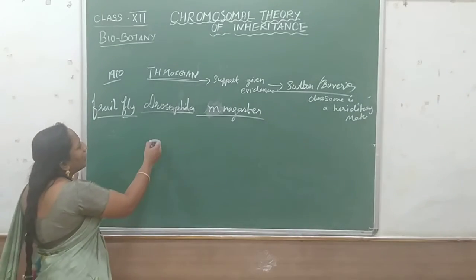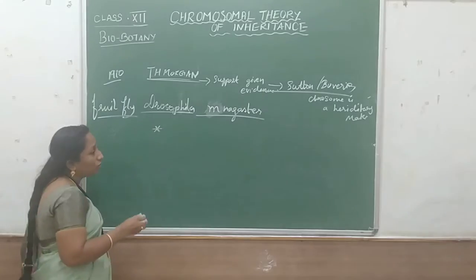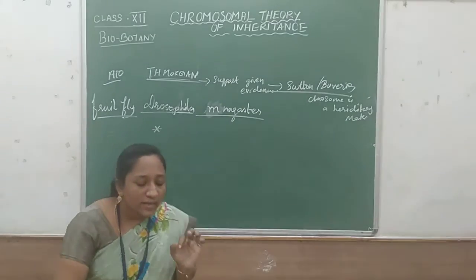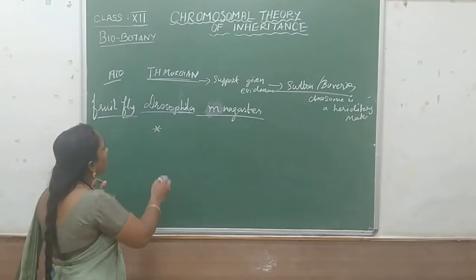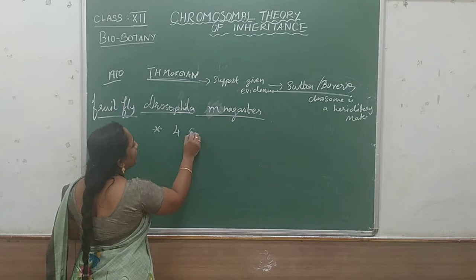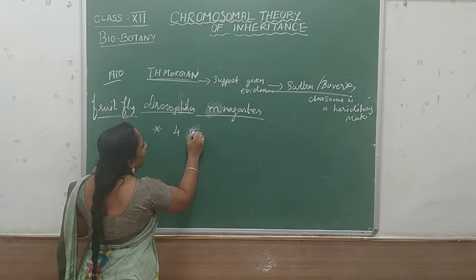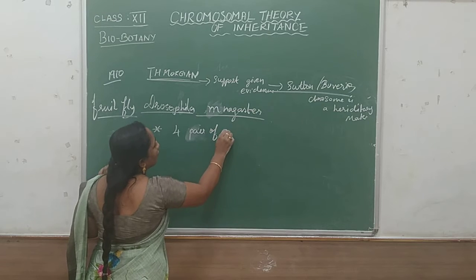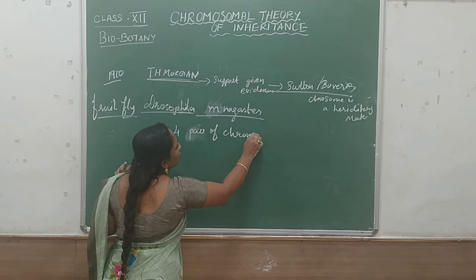Why he has chosen it is that Drosophila has certain advanced characters. What are the advanced characters? It has 4 pairs of chromosomes.